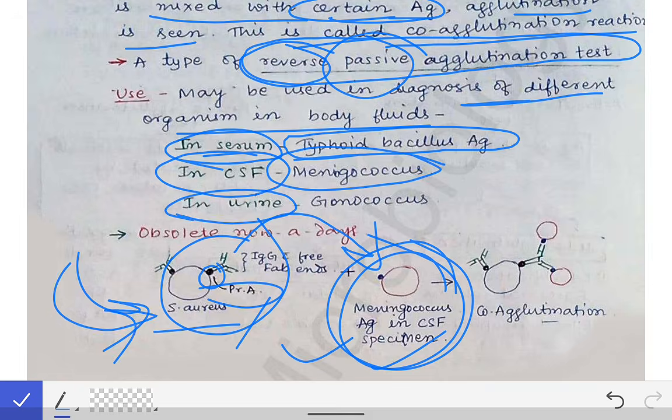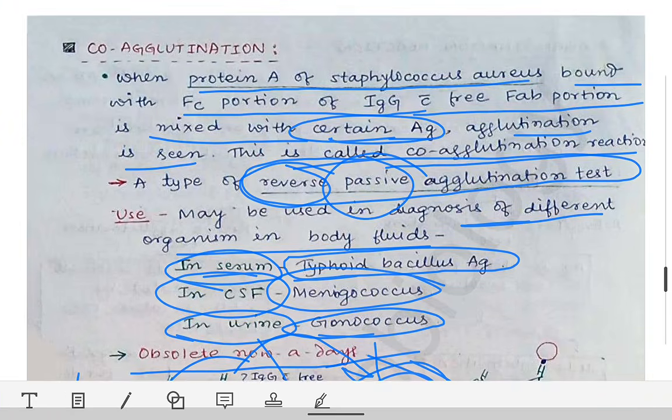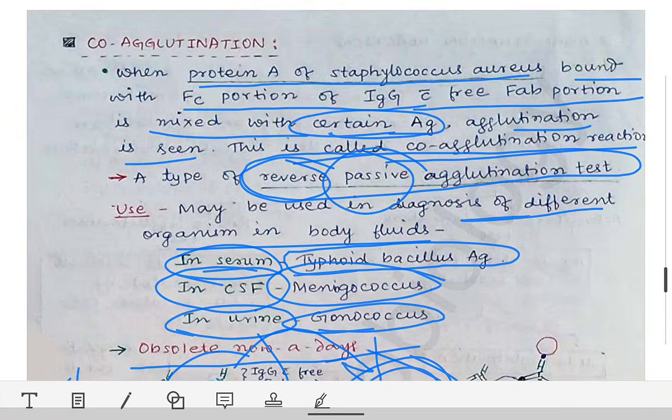In the urine sample, it can be used to detect the gonococcus antigen. Nowadays these tests are obsolete, because we have improved and better tests available for detection of different antigens and diagnosis of different diseases. So we are no longer using these conventional and older methods.